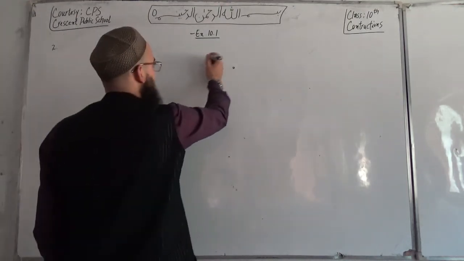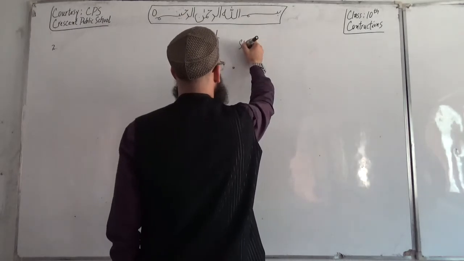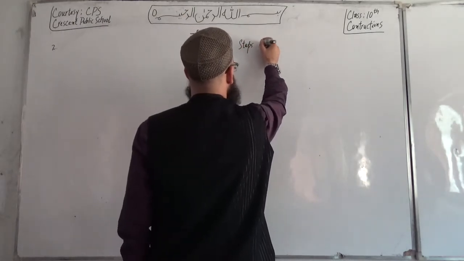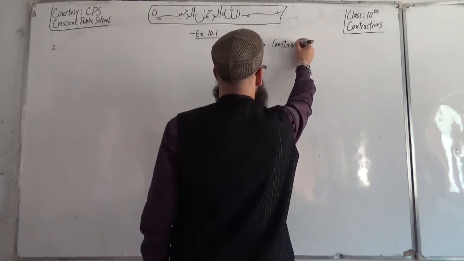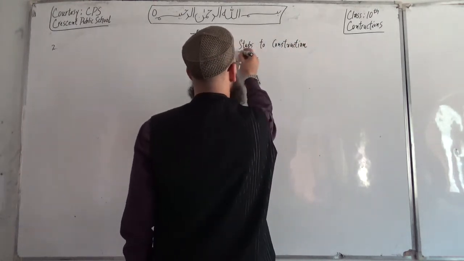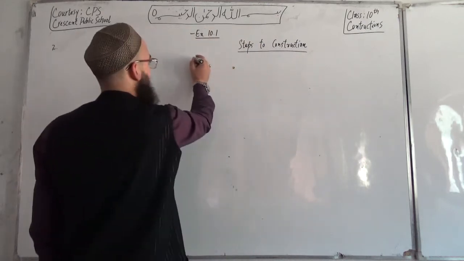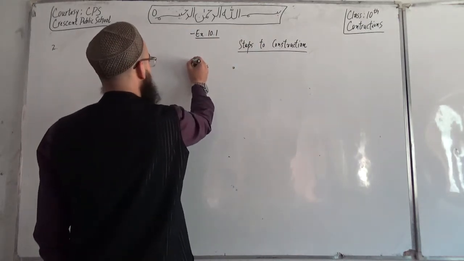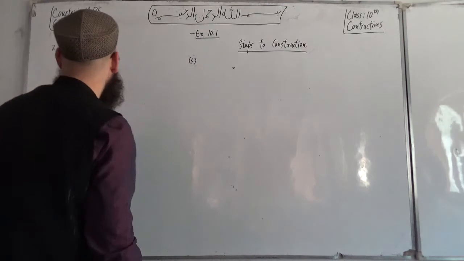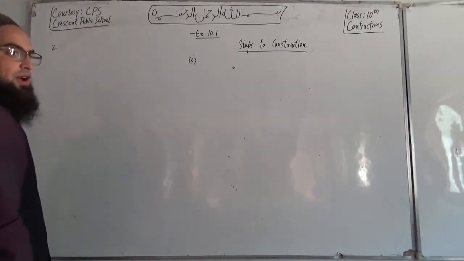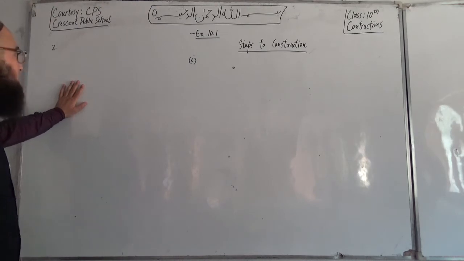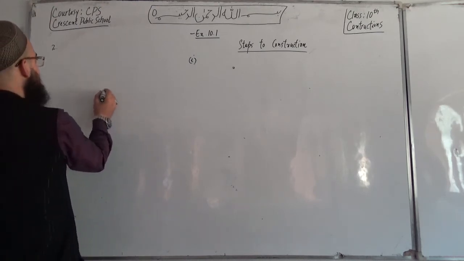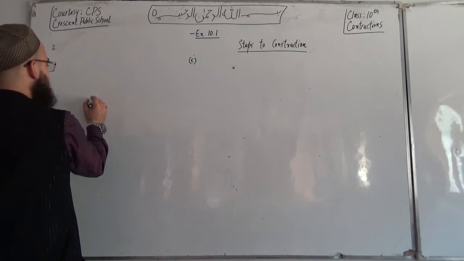First of all, steps of construction, I'll write here. Now the first step: 4, 5 and 6 are the sides of the triangle, so let me take the larger one as the base.